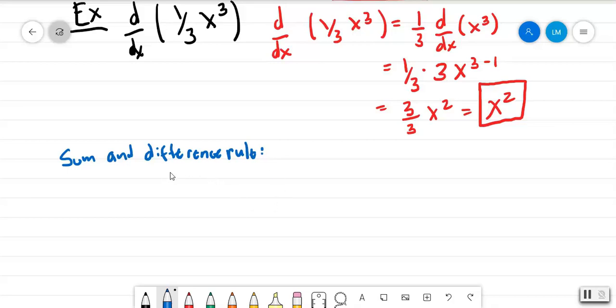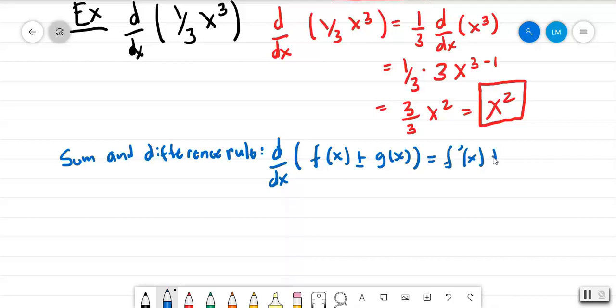Okay, so the sum and difference rule basically says that if I take the derivative of f of x plus or minus g of x, this is going to equal f prime of x plus or minus g prime of x.